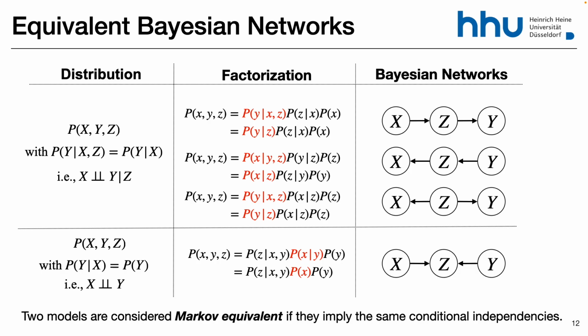Models that imply the same set of conditional independencies are considered Markov equivalent. So for the case of X and Y being independent given Z, I have 3 equivalent models. But for the second one, I have only 1. So these 3 are Markov equivalent, but in this case, I have identifiability. There's only 1 graph. This is one of the cases under the assumption there's no latent confounder.